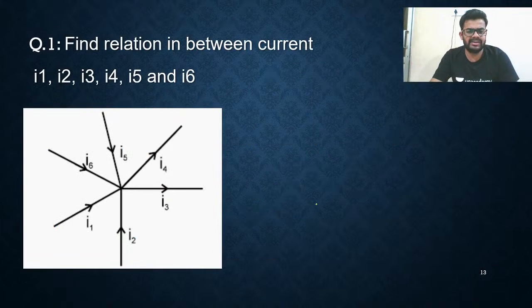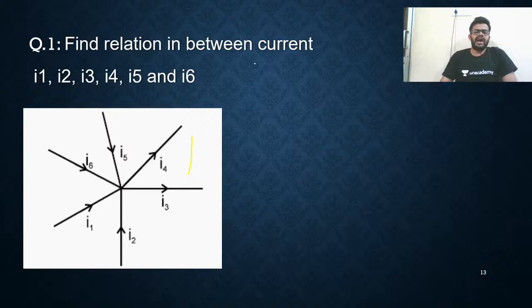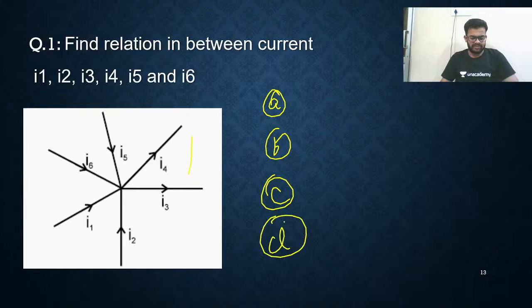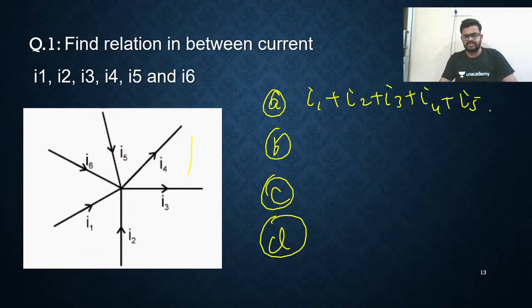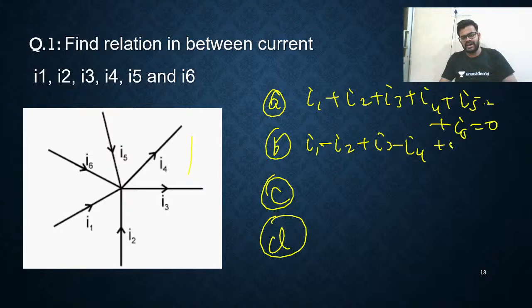Let's move ahead. This is the question in front of you. Find the relation between I1, I2, I3, I4, I5 and I6. I am giving you four options, A, B, C, D. First, I1 plus I2 plus I3 plus I4 plus I5 plus I6 is equal to 0. Next, I1 minus I2 plus I3 minus I4 plus I5 minus I6 is equal to 0.